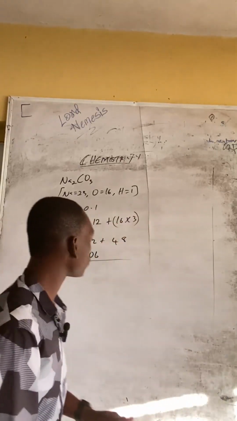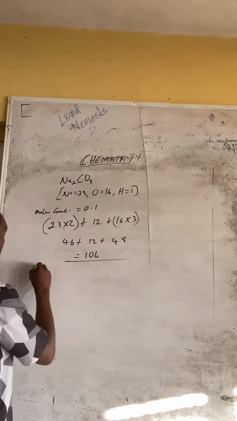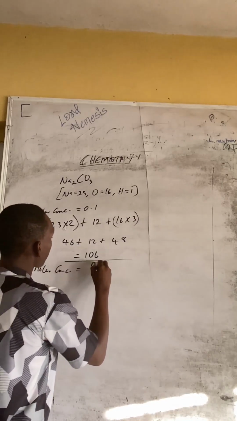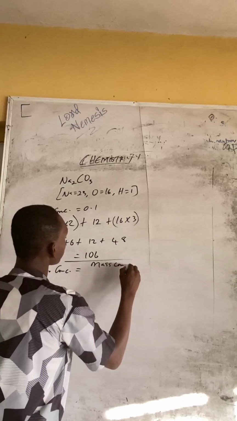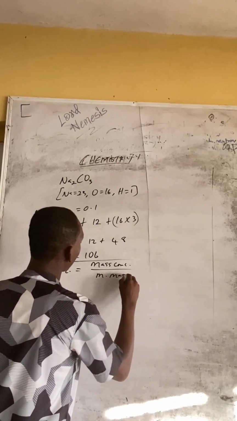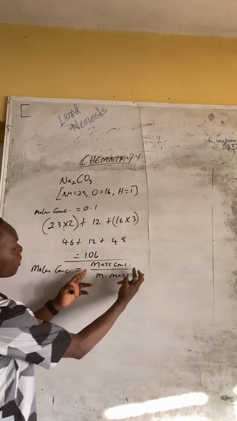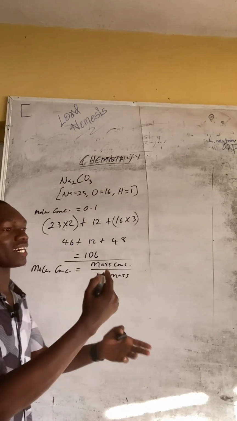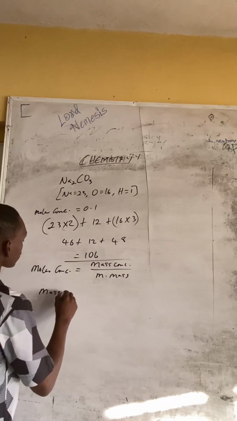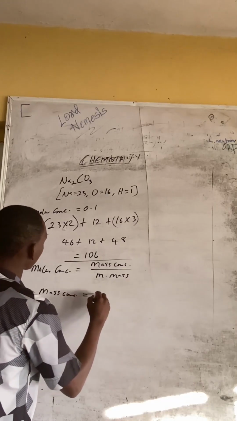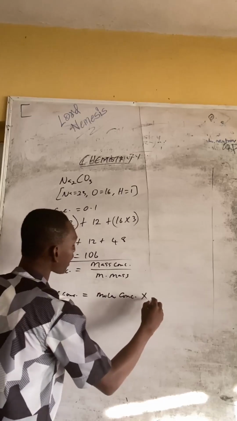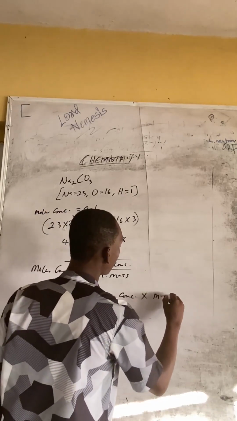If we recall, molar concentration is equal to mass concentration divided by the molar mass. Since we are asked to calculate the mass concentration, we quickly rewrite the formula, and it will look like this: mass concentration equals molar concentration times the molar mass.